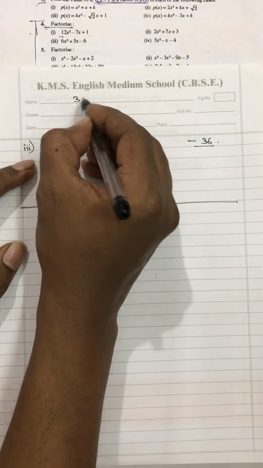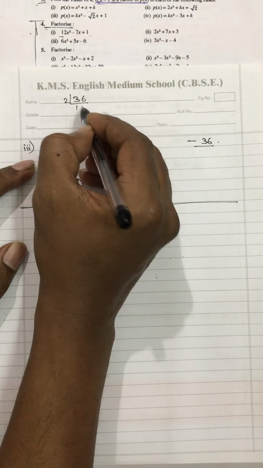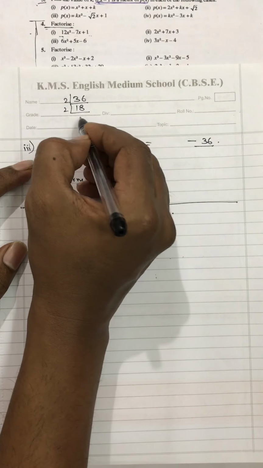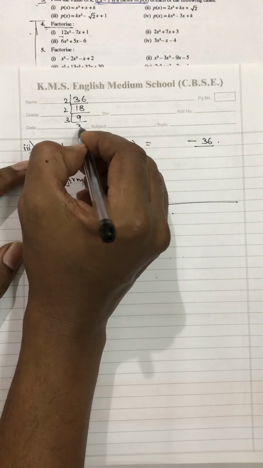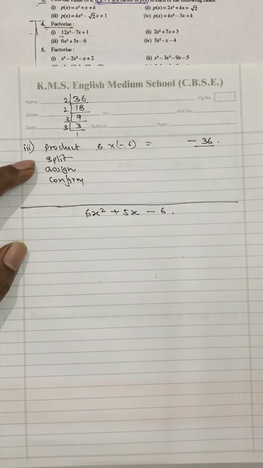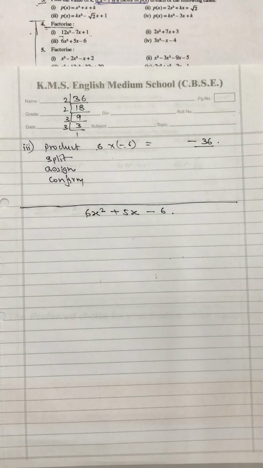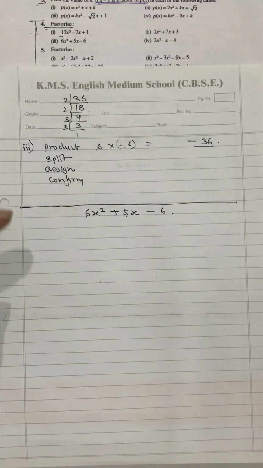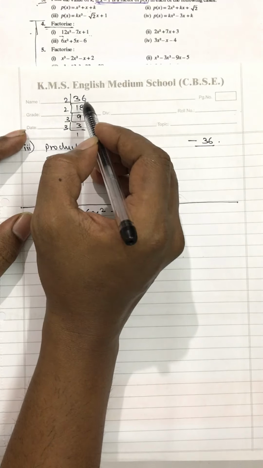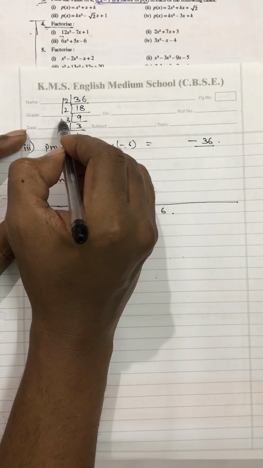So let me split 36: 2 18s are 36, 2 9s are 18, 3 3s are 9, 3 1s are 3. Now I have to discover the numbers. These pairs will multiply to become 36, but they should also add or subtract to become 5, the middle term. So first, supposing I take 2 2s are 4, 3 3s are 9.